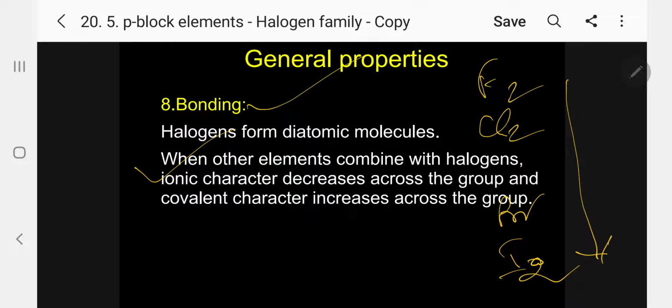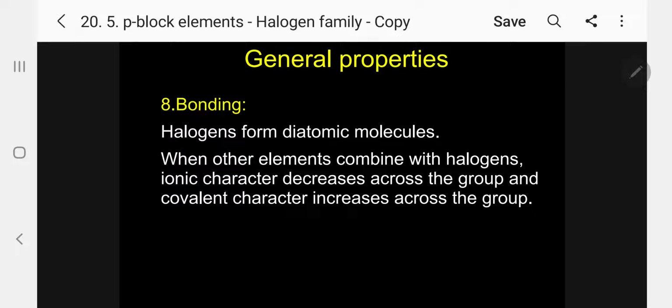That means fluorine's ionic character is more, iodine's ionic character is less. That means iodine will have covalent character, and covalent character increases down the group. Please follow. So normally you take HF, HCl, HBr, HI. HI is more covalent, HF is more ionic.